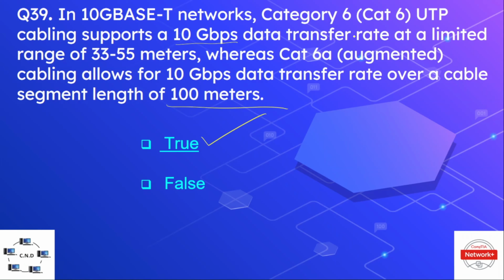So the difference between Cat 6 and Cat 6A is the distance, that is Cat 6A has more length capability of 100 meter as compared to Cat 6, which has a maximum length support of 55 meter.